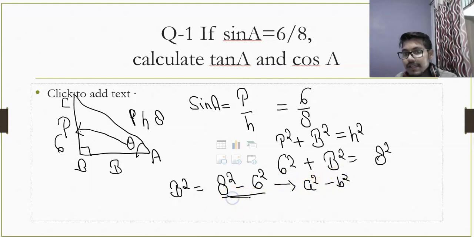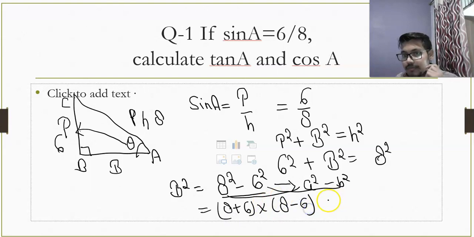Here 8 is a and 6 is b. So a square minus b square, what is the identity? A square minus b square is a plus b times a minus b. So a plus b is 8 plus 6 multiplied by 8 minus 6. From here 8 plus 6 equals 14, multiplied by 8 minus 6 equals 2.